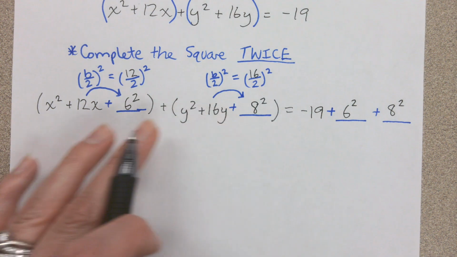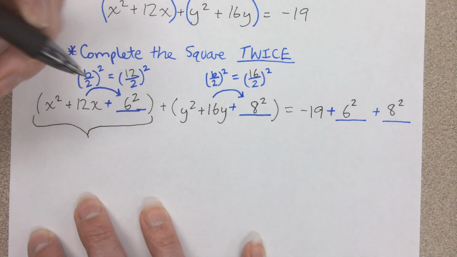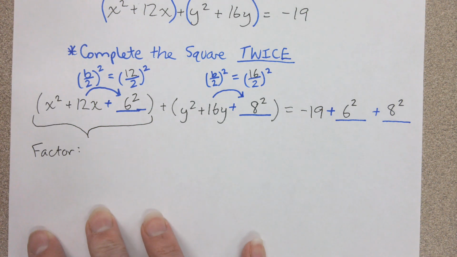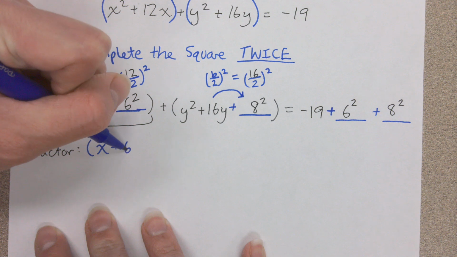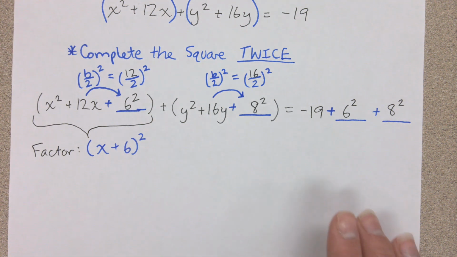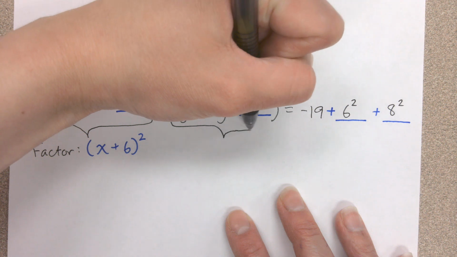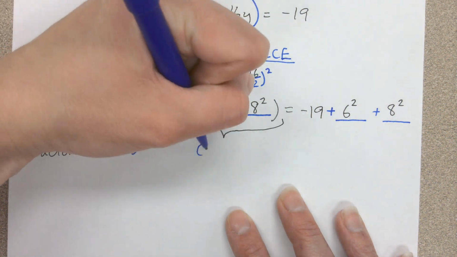And then next we can go ahead and factor both of these. So the x's will factor to just x plus 6 squared. And then the y's will factor just y plus 8 squared.